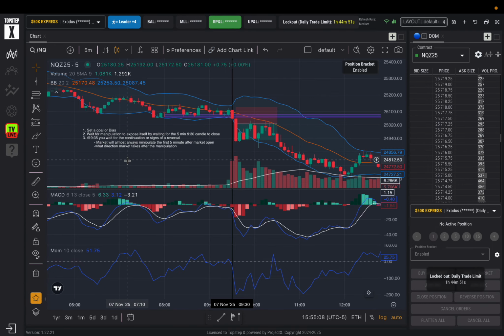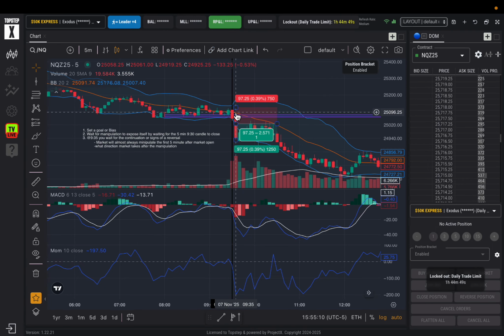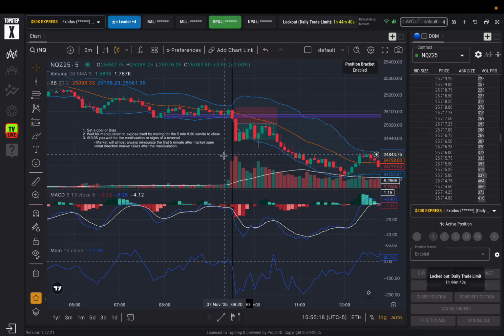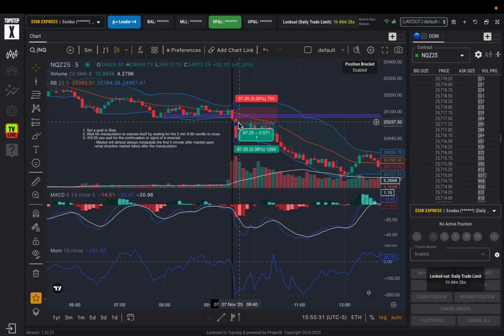All right. As you can see here, manipulation was the first candle. This isn't really manipulation because it was a continuation, but I just call it manipulation because I don't enter the first candle. So manipulation was here, we'll just call it that.